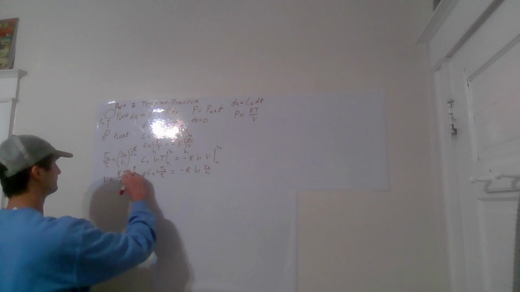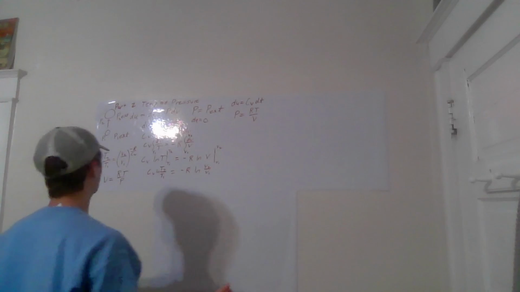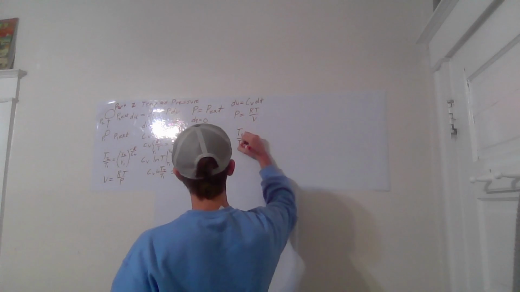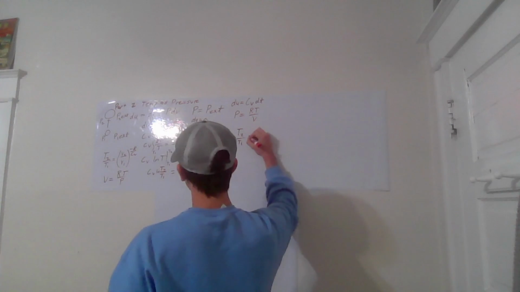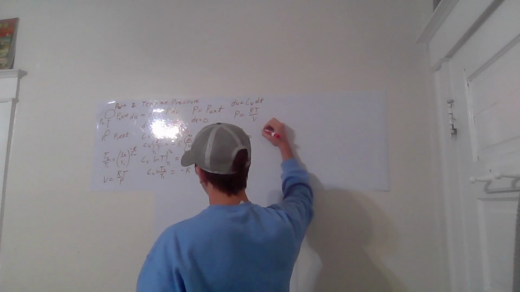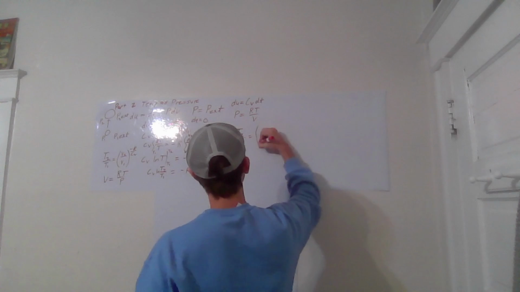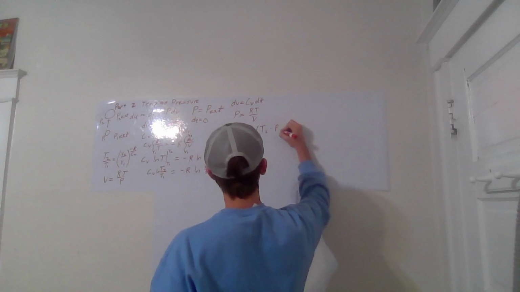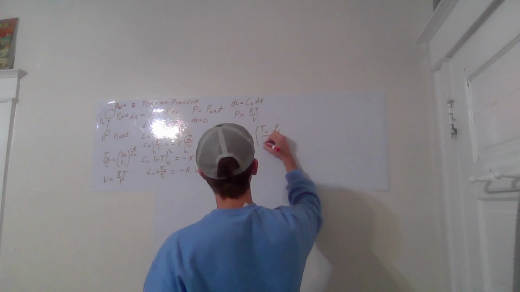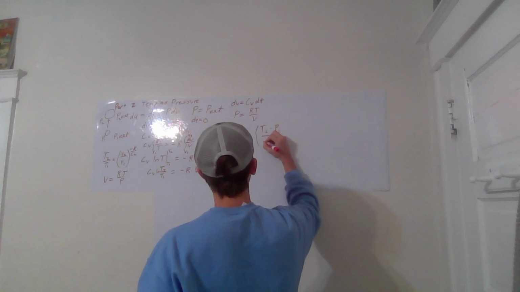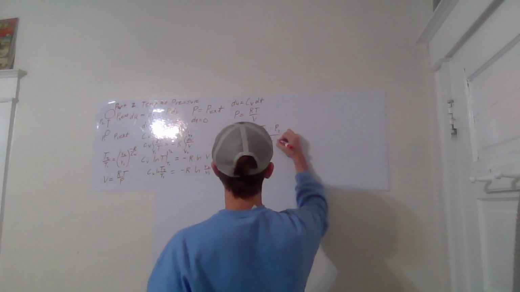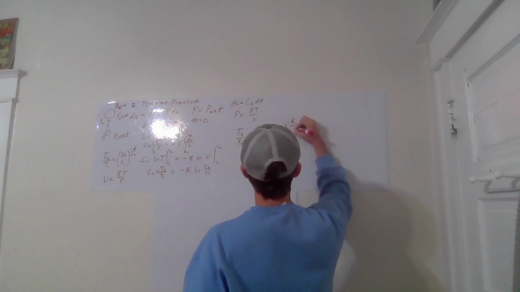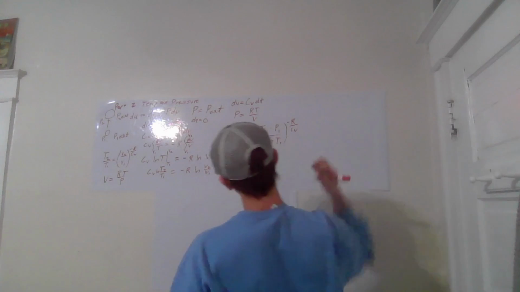And so now we can replace this volume in this equation and say T2 over T1 is equal to our temperature 2 times our first pressure over our second pressure times our first temperature. This is going to be equal to the power of negative R over CV, specific heat.